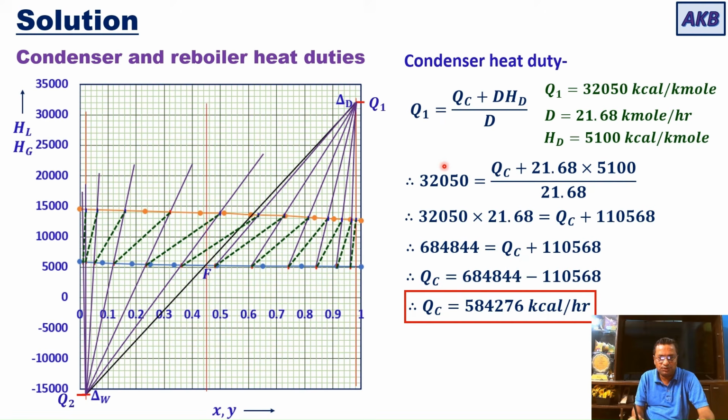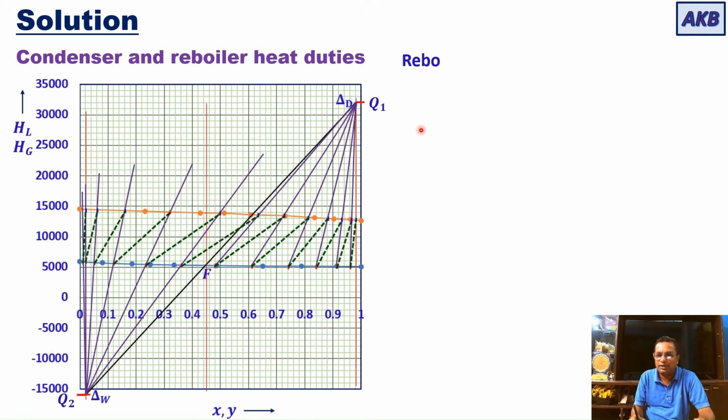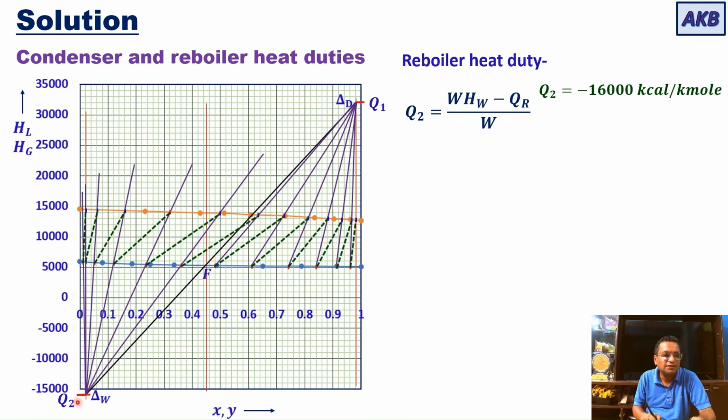Condenser heat duty is QC. Now let us find the reboiler heat duty. For reboiler heat duty, we are going to use the equation for Q2. Q2 is WHW minus QR upon W. Q2 you will be reading over here, and it will be a negative quantity. In this diagram, Q2 is minus 16,000 kilocalorie per kilomole. W was calculated earlier; it is 26.72 kilomole per hour.